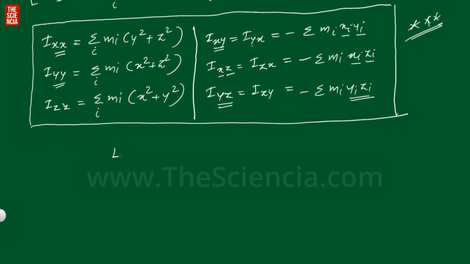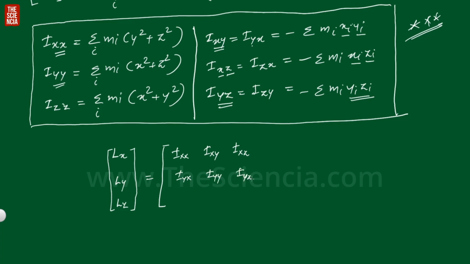So we got the Lx, Ly, Lz matrix is equal to the matrix Ixx, Ixy, Ixz, Iyx, Iyy, Iyz, Izx, Izy, Izz, multiplied by omega x, omega y, omega z.